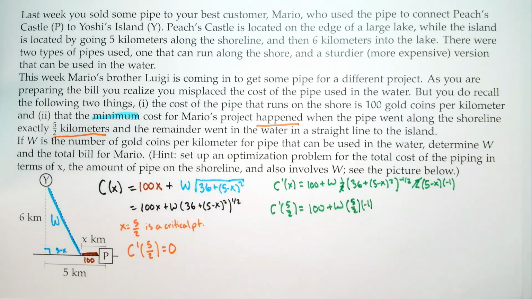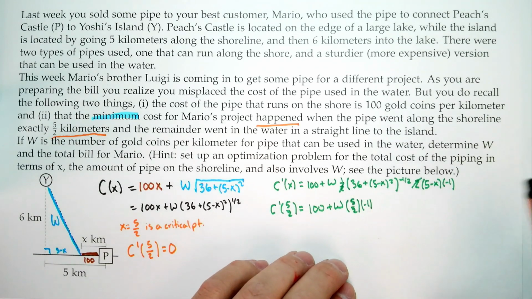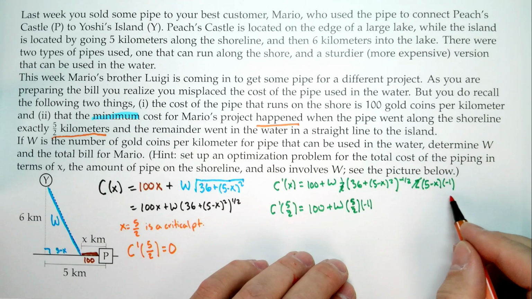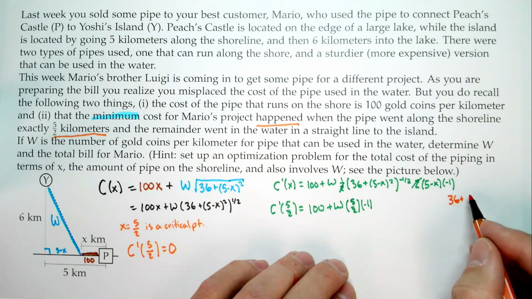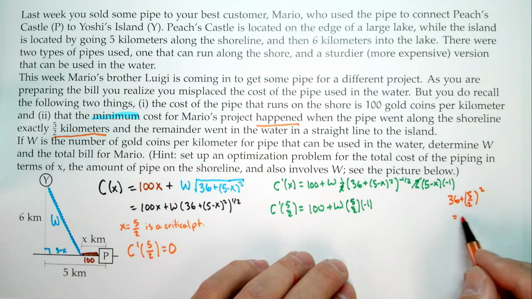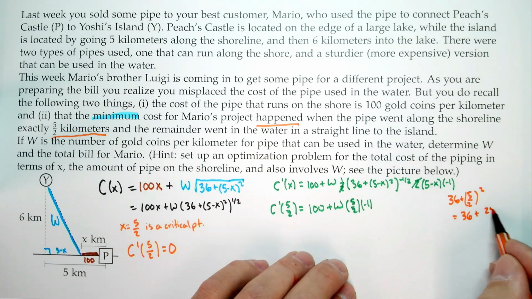Now let's actually do a little work to the side here. I want to simplify, what does that become? So it's 36 plus 5/2 squared. So that would be 36 plus 25 over 4, which if we get that, 36 times 4 is 144, plus 25 divided by 4, and that turns out to be 169 over 4.